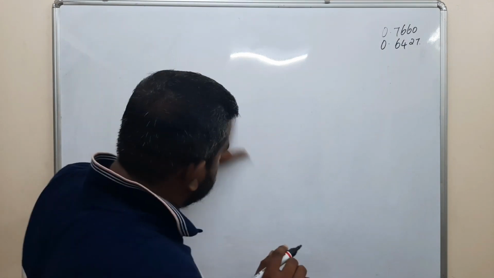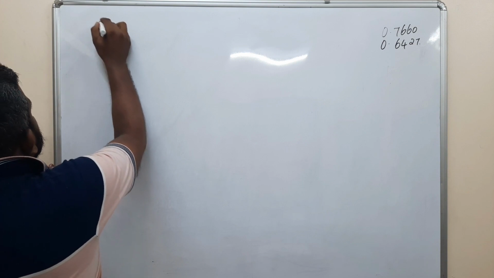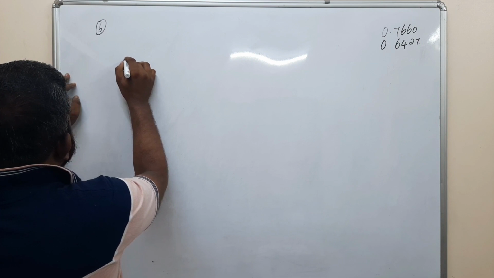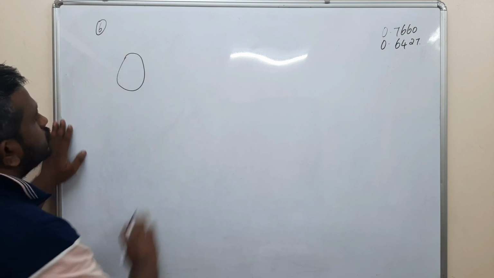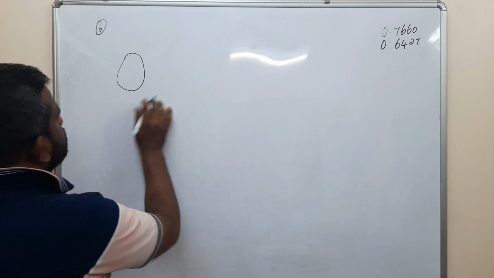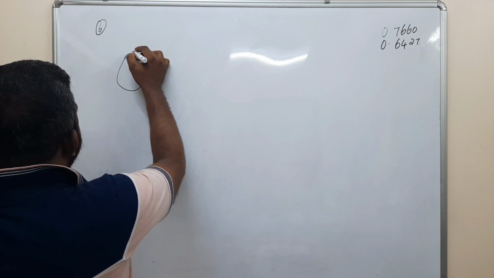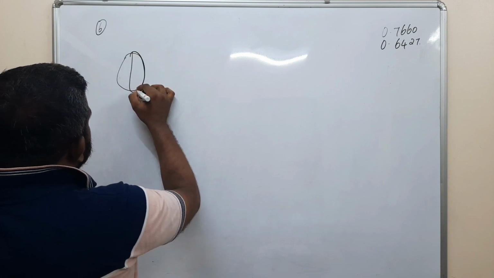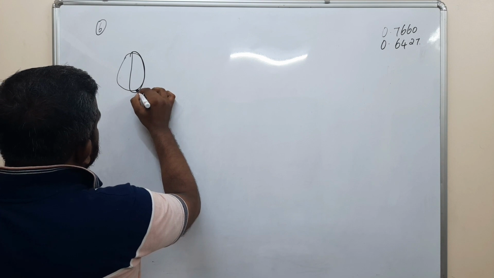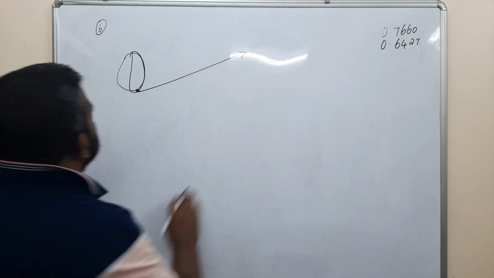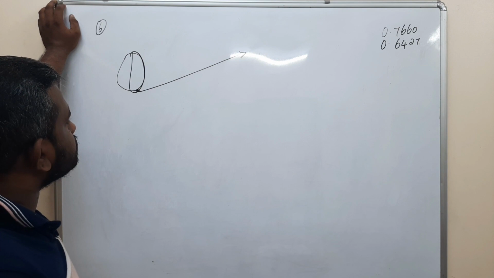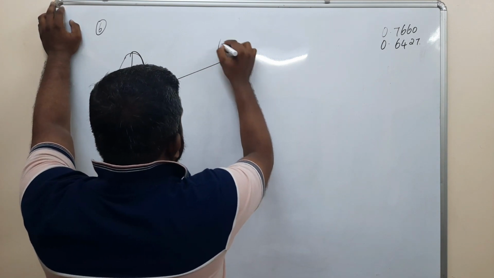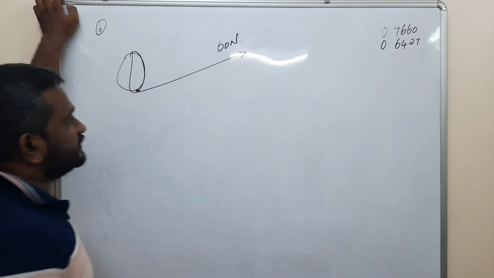So 6th question. So this is a stone. A child is pulling a stone with a force of 60 Newton.